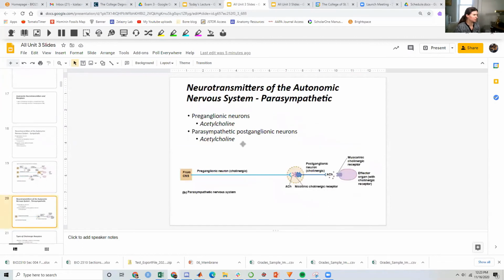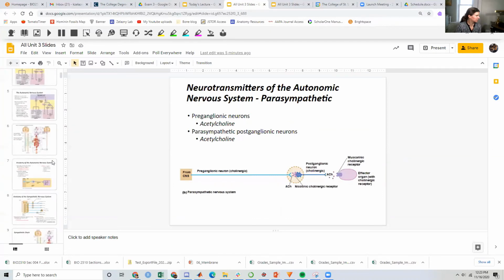For parasympathetics, we have pathways like this. Our effector organs for this are going to be kind of the same as our effector organs for the sympathetics. So they're going to be smooth muscle cells, cardiac muscle, some glands. But specifically what we're usually going to see are muscarinic cholinergic receptors.